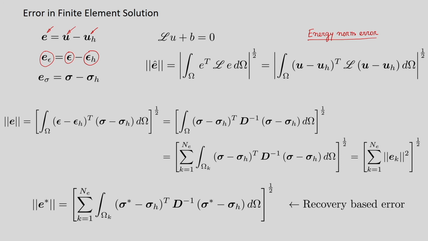And similarly, the difference between the exact stress and the stress obtained from the finite element solution we can define as the error in stress. So, each of these parameters are actually vectors, and it can be a scalar also depending upon the problem, and this depends on each point in the domain. So, at some point the error can be large, at some point the error can be small.